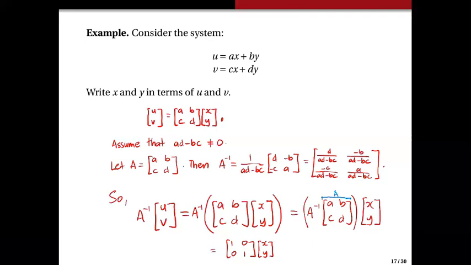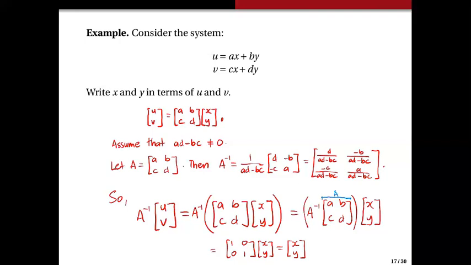But if you multiply these two guys here, you will have 1 times X, that's X, plus 0 times Y, so you'll just have X here. And then in here, 0 times X, that's 0, plus 1 times Y, so you'll just get Y here.